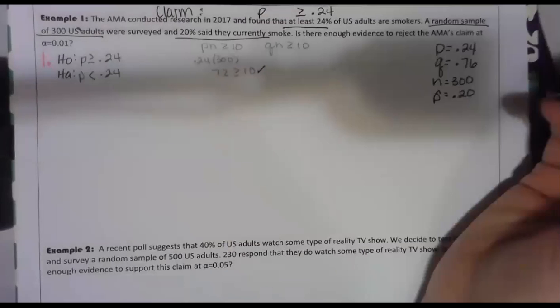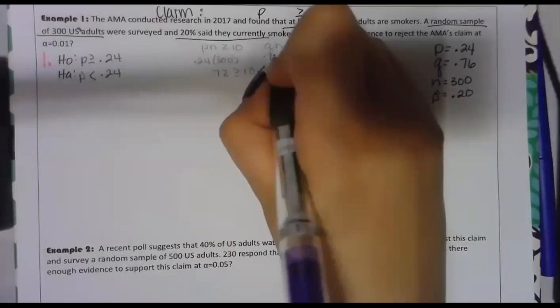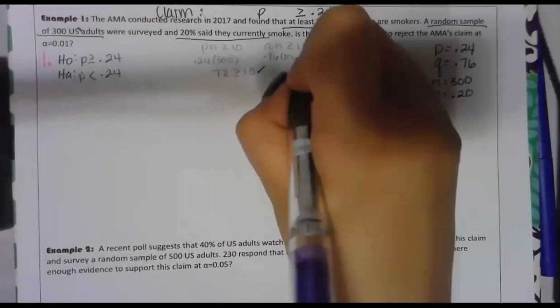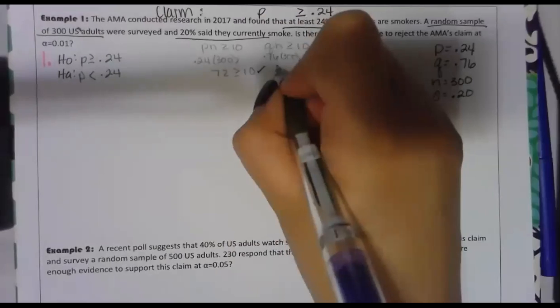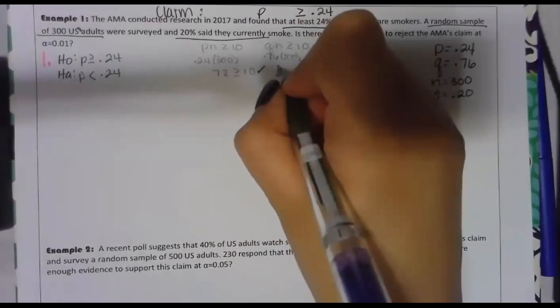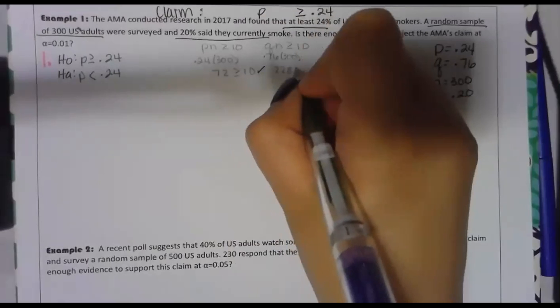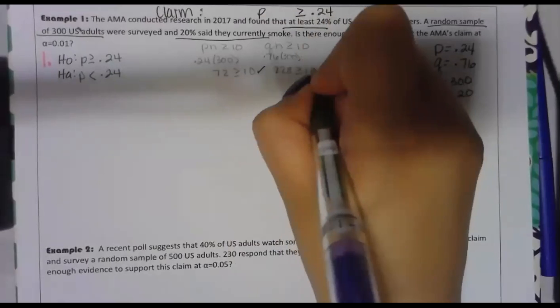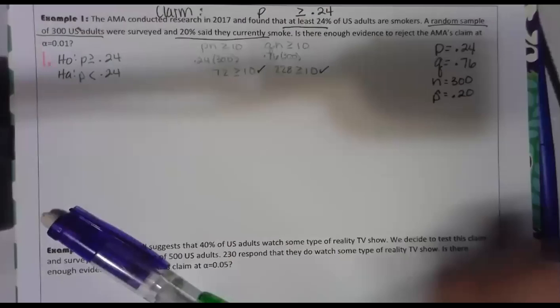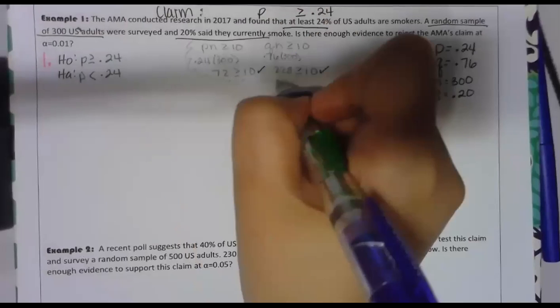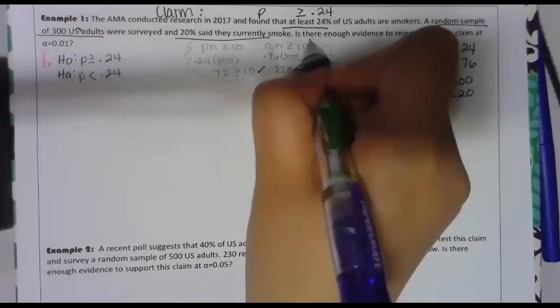Qn is 0.76 times 300, which gives you 228. Is that greater than or equal to 10? Yes, it is. Okay, we're good, we can keep going. If either one of those two had given you a no, then you would have stopped right there.